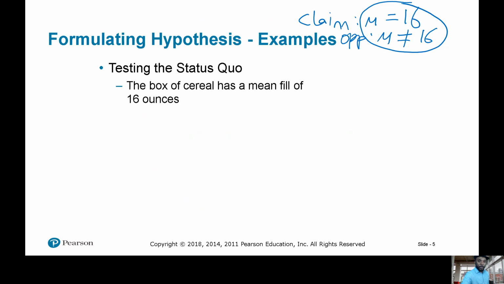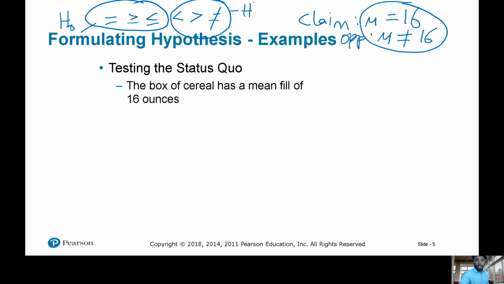There are 6 different symbols we're going to use: equal to, greater than or equal to, less than or equal to, less than, greater than, not equal to. Whenever you see these 3 symbols, equal to, greater than or equal to, less than or equal to, that would always go to our null hypothesis, which we represent as H of O. And then our alternative hypothesis would have the symbols less than, greater than, or not equal to. And we'll use H of A.